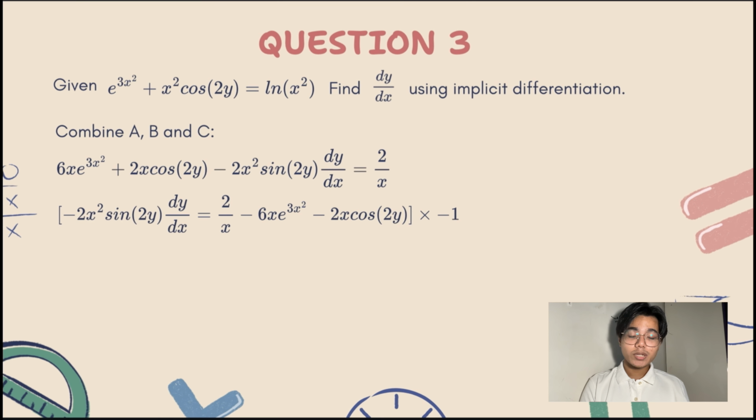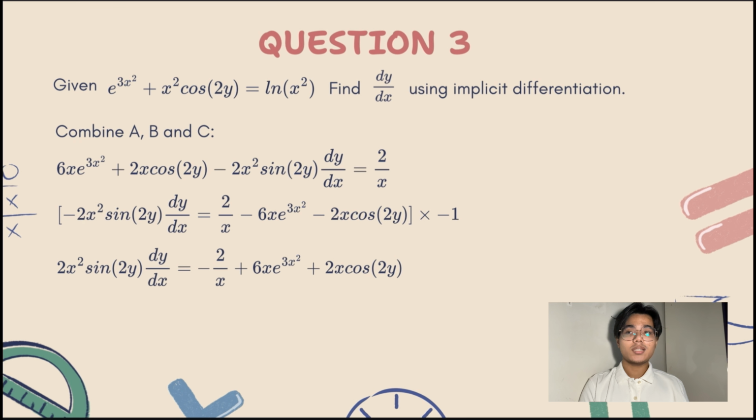So to eliminate the negative in front, you guys have to times the full equation with negative 1. So it's gonna be 2x squared sine 2y dy dx equal negative 2 over x plus 6x exponent 3x squared plus 2x cos 2y.